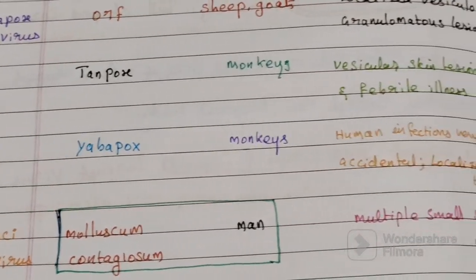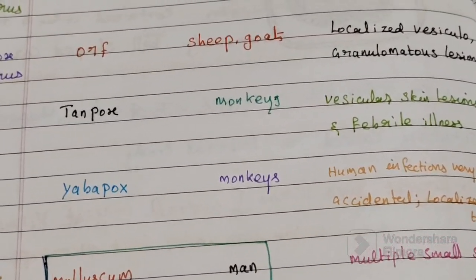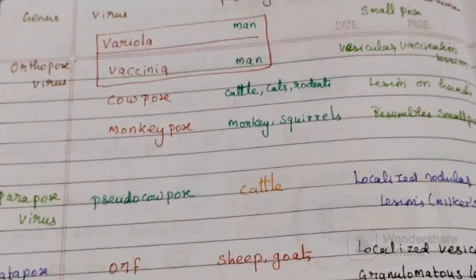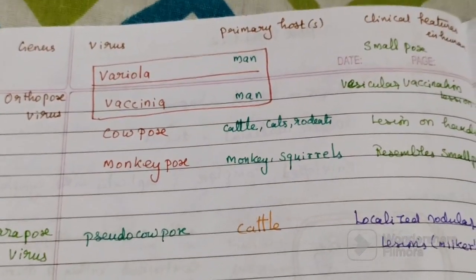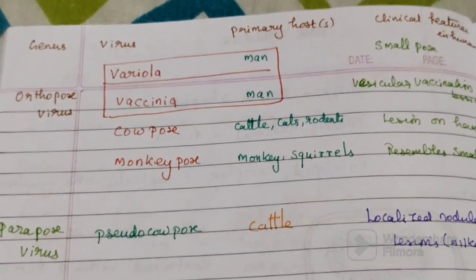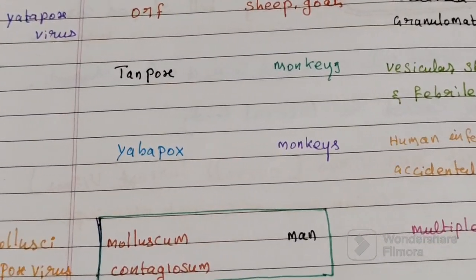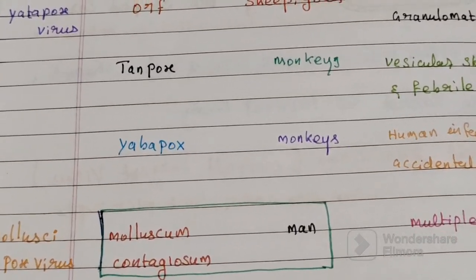These 3 are causing diseases in humans. Variola is the most important. The second one is Vaccinia and the third one is Molluscum contagiosum.